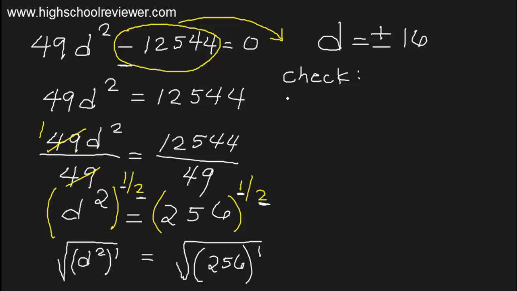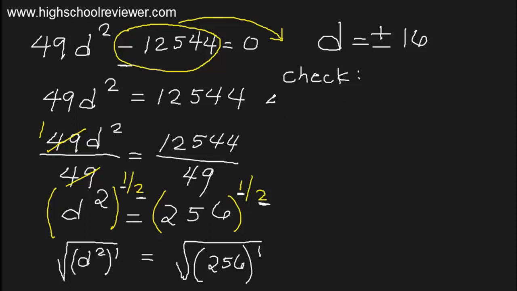Our equation is 49d squared minus 12,544 equals 0. So we have here 49d squared. Okay, let us erase that. Let us rewrite so that it will fit.